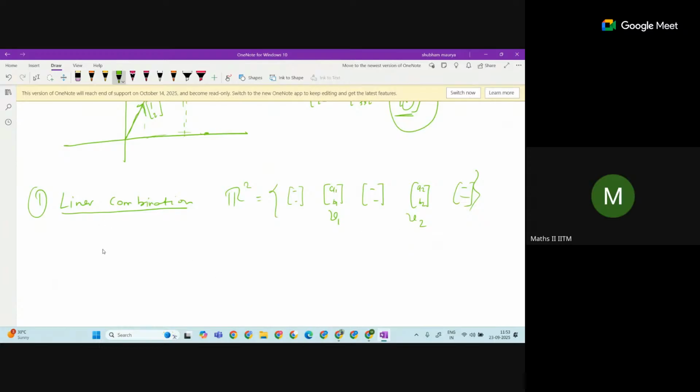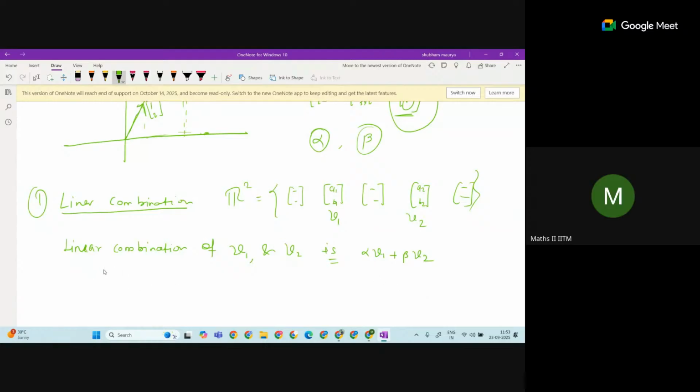So what is a linear combination? I'm writing the sentence properly: a linear combination of the vector v1 and the vector v2 is alpha times v1 plus beta times v2, where a scalar means some real number, alpha and beta.